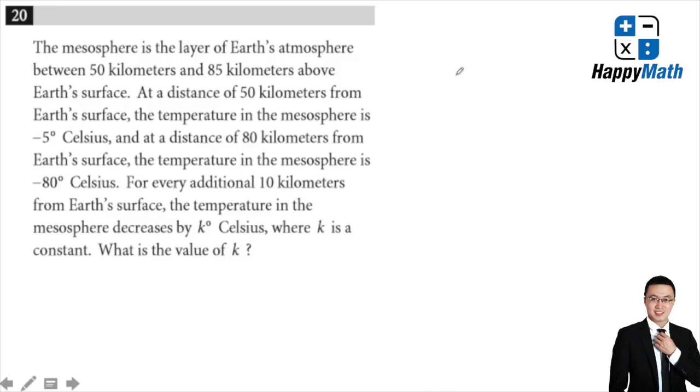We have the distance and you have the temperature. The distance you have here is 50 km. It corresponds to minus 5 degrees. So when it moves to the 80 distance, 80 kilometers, it becomes to here.